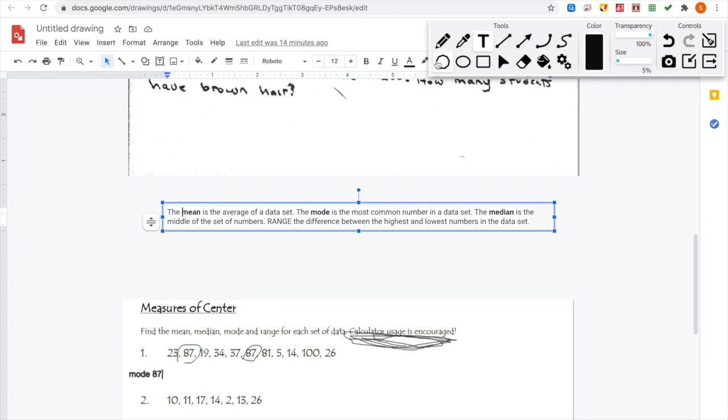Alright, so I'm going to put them in order. So the lowest would be 5. And I'm going to go ahead and cross it out so I know I've used it. The next lowest would be 14 and then 19. So I'm crossing those out and putting them. After that, we would have 23, then 26.